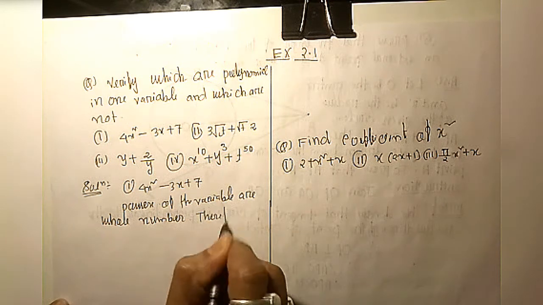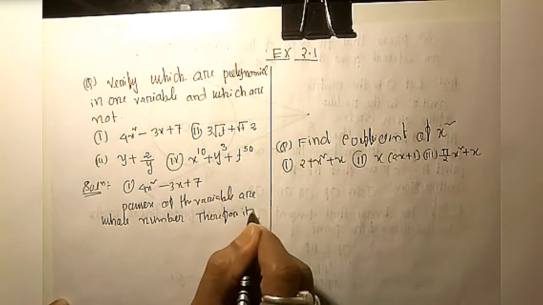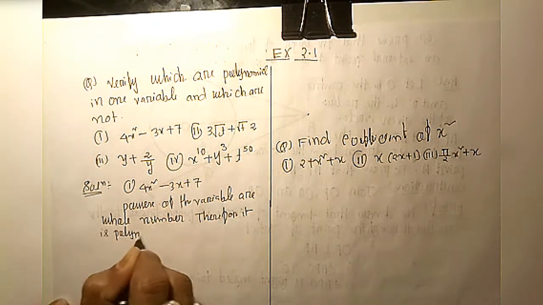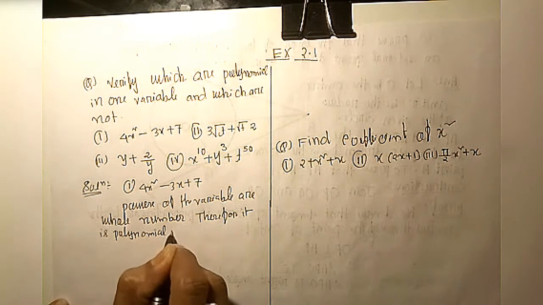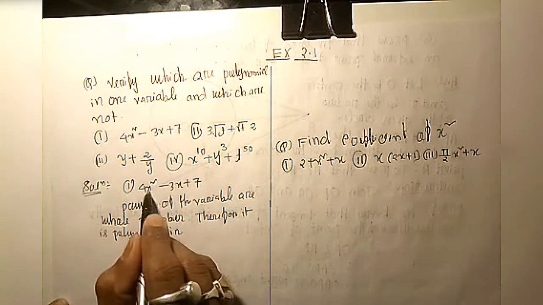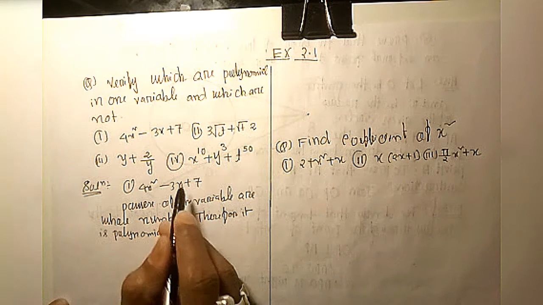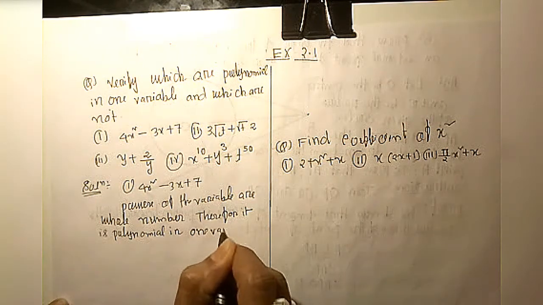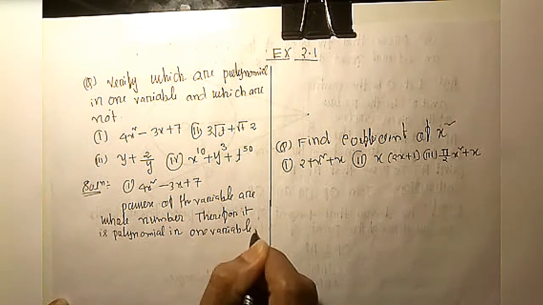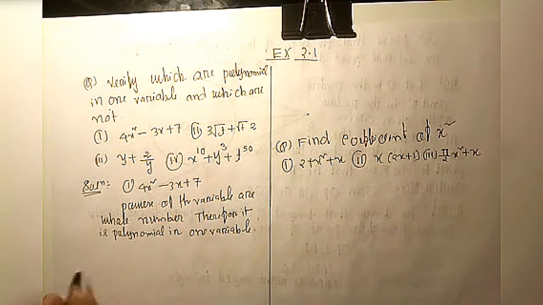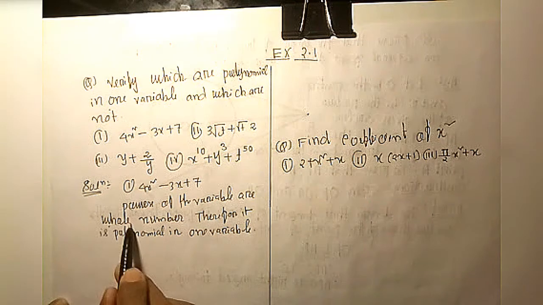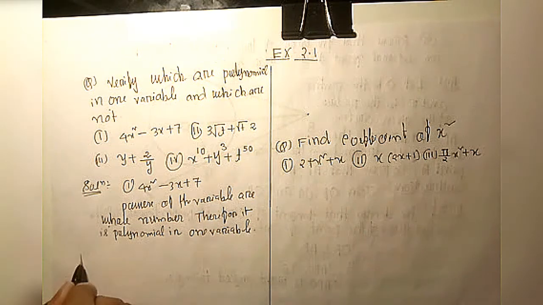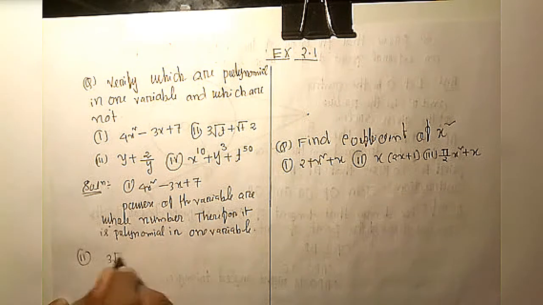Therefore, it is a polynomial. It is also a polynomial in one variable, because it has only one variable, which is x.